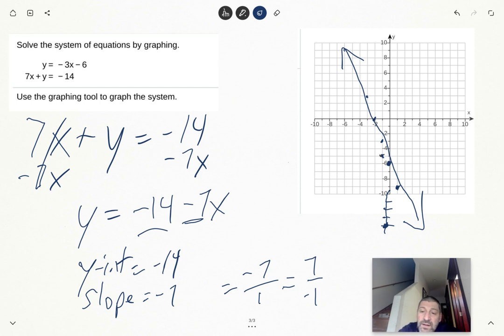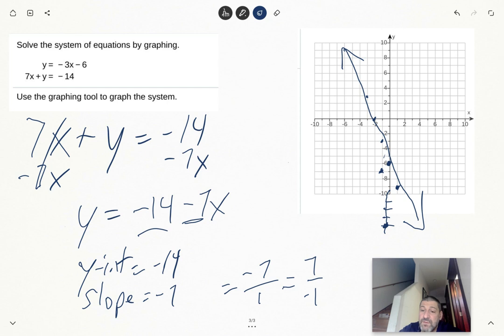This is going to be easier on Math Excel because you have straight lines, and mine gets messy pretty quick. Oh, I'm at the wrong point there. No wonder that doesn't make sense. Go up 7 from negative 14, which would put us at negative 7, which was at negative 1, negative 7.